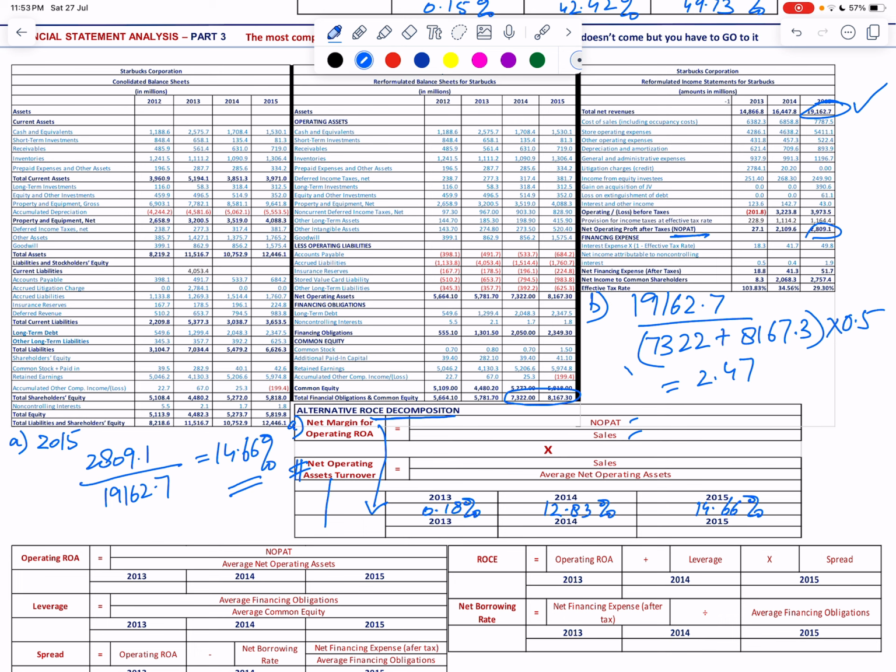For net operating assets turnover, we have just now calculated this as 2.47 times, and this is 2.51 times, and this is 2.6 times. Then we calculate the operating return on assets, and operating return on assets is once again, let me clean up.